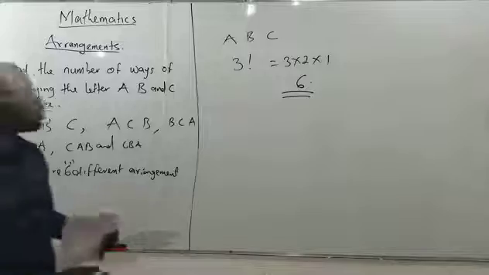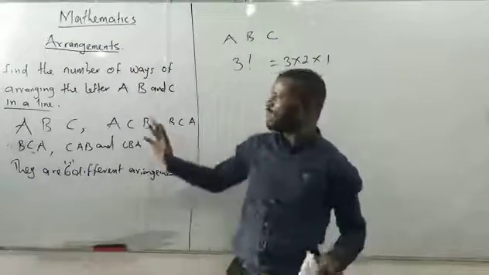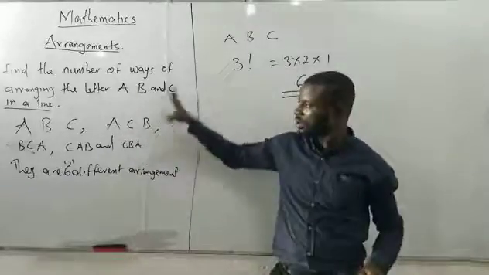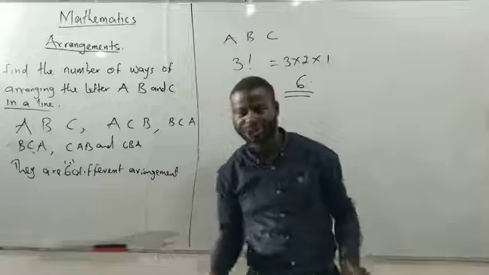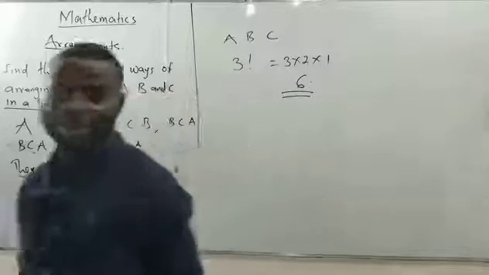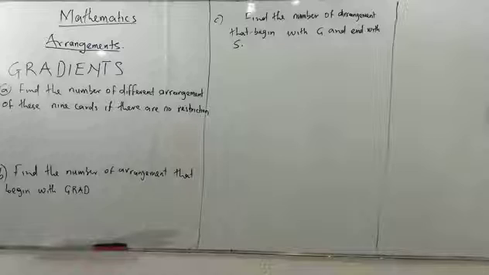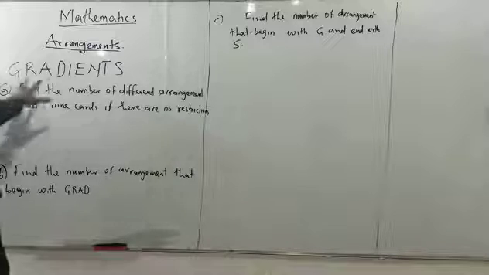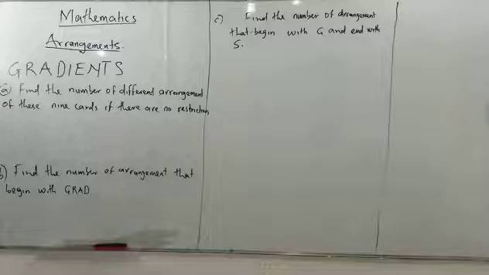Now, let me work on another question that will be very hard for you if you are not careful, like a very large word that you are to arrange. Permit me to write that question down. Look at this particular question. We are talking about the word GRADIENT.